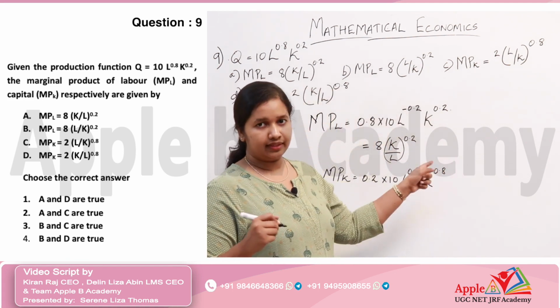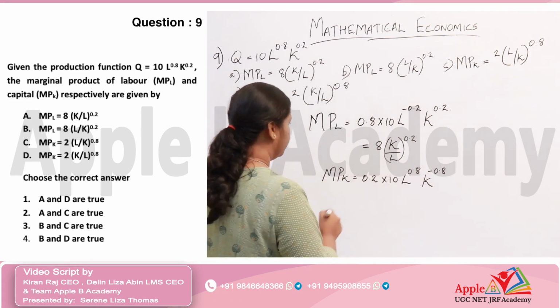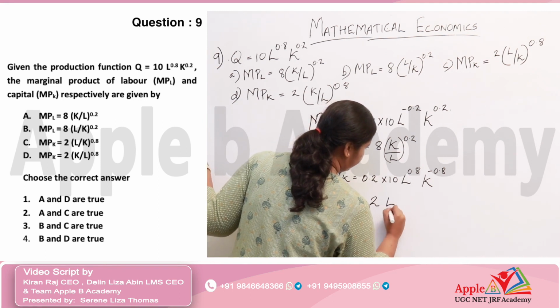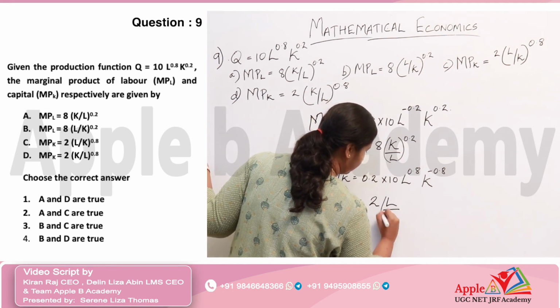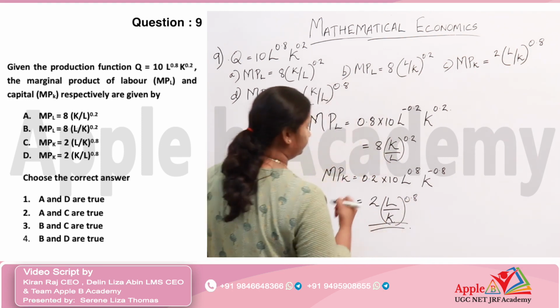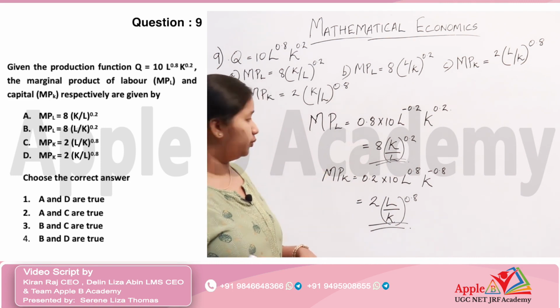Again, since it's K raised to minus 0.8, K comes in the denominator. So we have 2 times (L by K) raised to 0.8. Now let's look at the options.